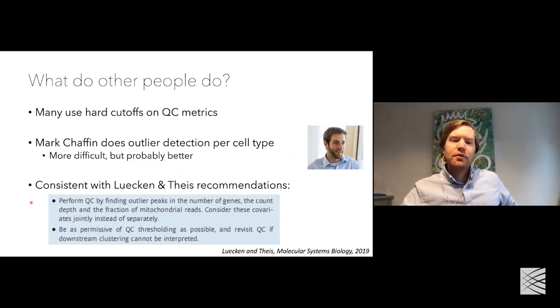But this kind of procedure is consistent with the spirit of the recommendations from this 2019 best practices paper, where they mentioned performing QC by finding outliers in number of genes, count depth, fraction of mitochondrial reads, considering these covariates jointly instead of separately.